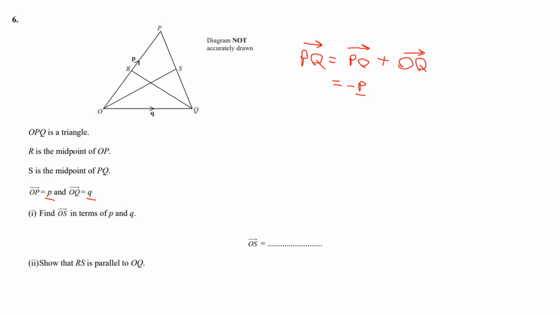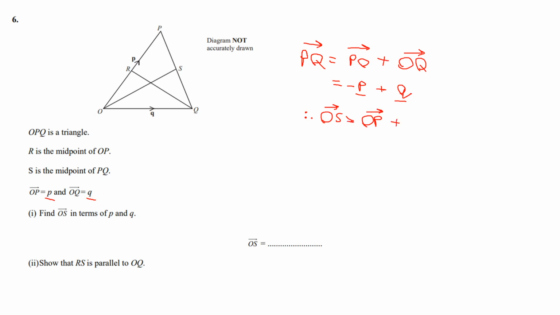Remember, we're going the opposite direction. And we're adding on q at the end. So the answer is minus p plus q, okay? So therefore, to work out O to S, that's just going to be O to P.